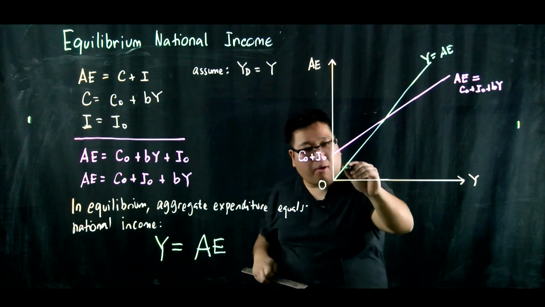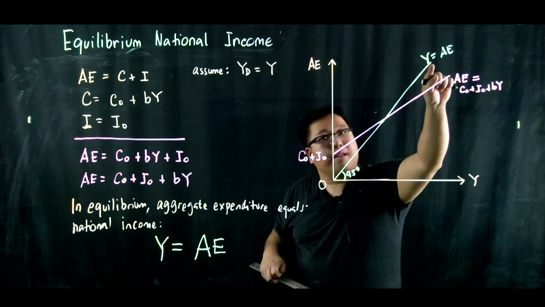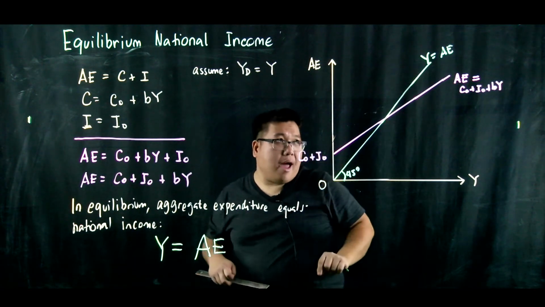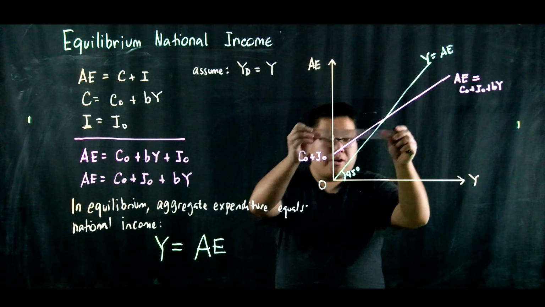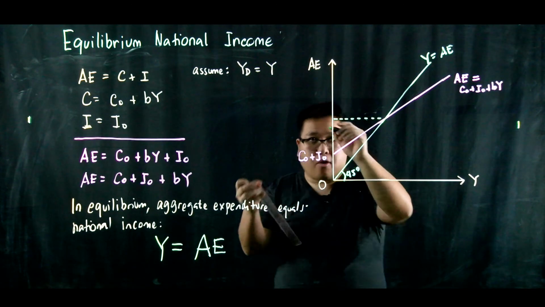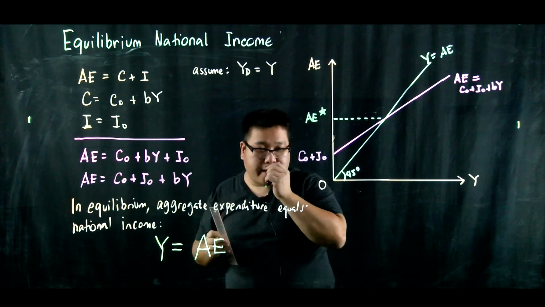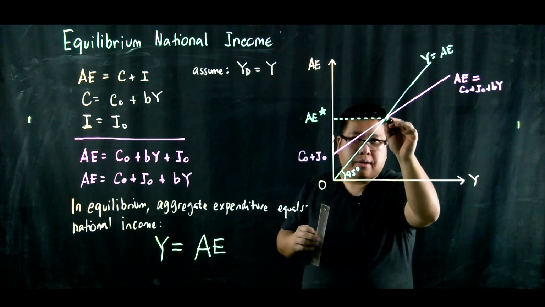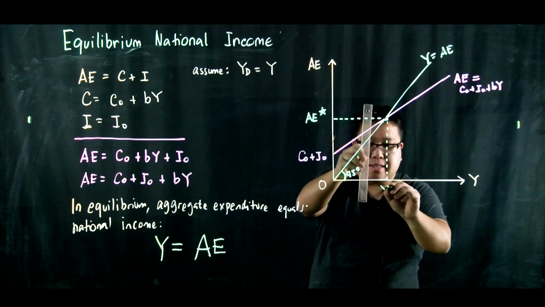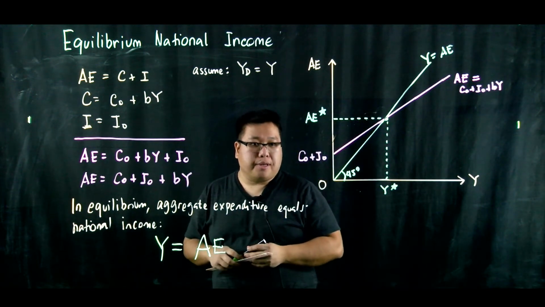So at all points on this line, national income equals aggregate expenditure. And the 45-degree line crosses the aggregate expenditure line here. I will call this AE star, which indicates our equilibrium aggregate expenditure. And here we have Y star, which indicates our equilibrium national income.